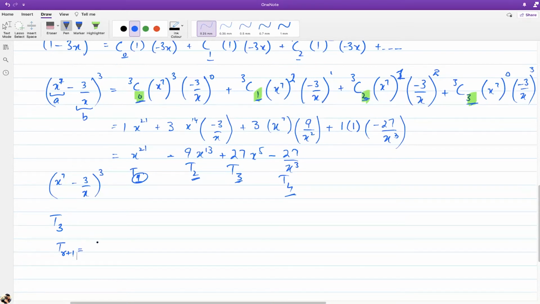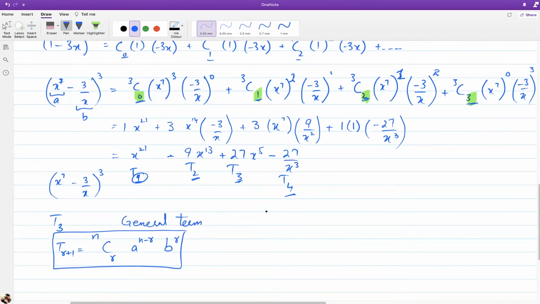It is equal to the general formula, which is: you take the power that you want to expand, n, and you want to find the coefficient number r. nCr, A to the power of the difference n minus r, and b to the power r. That is your general formula. That is also given in the exam sometimes, I think. And this is the general term formula. So let's suppose they ask you for term number 3. So what do you do? You take, okay, I have term number 3.